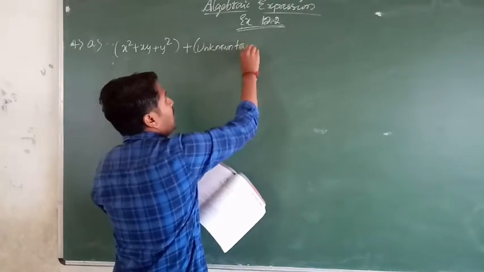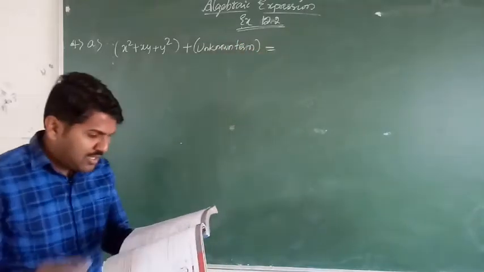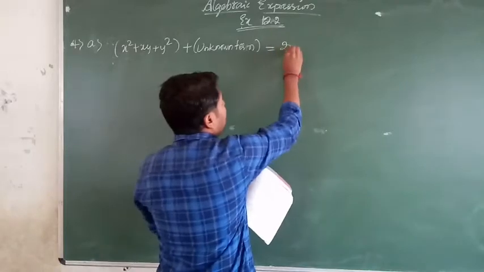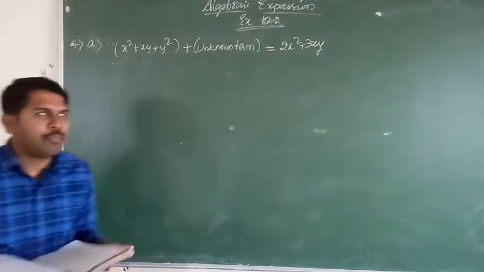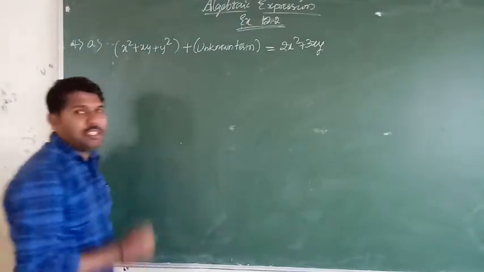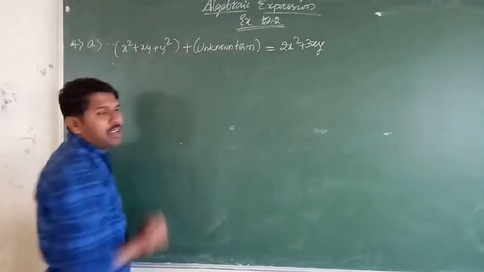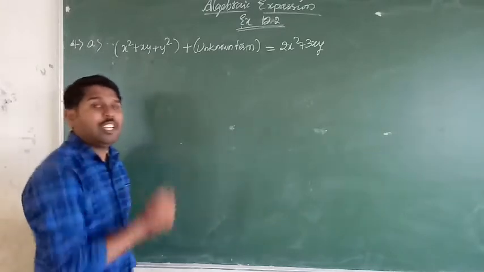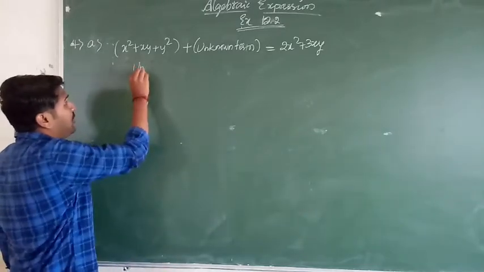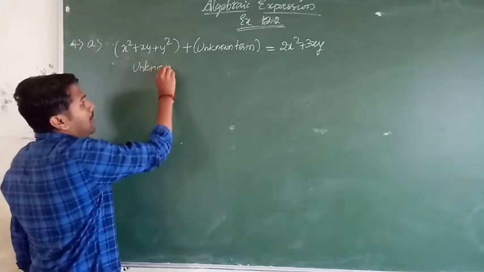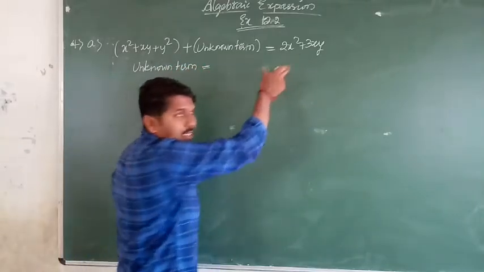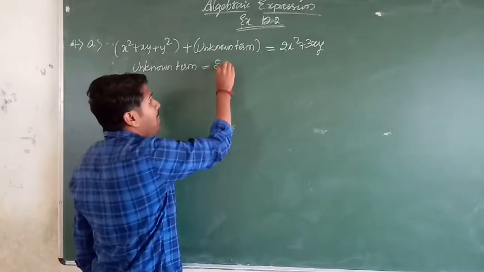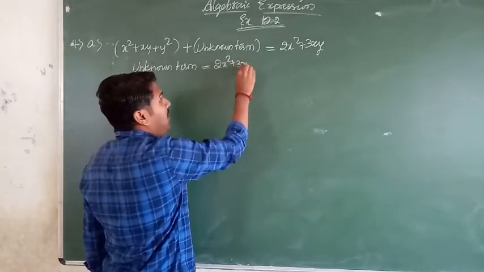To obtain the given 2x square plus 3xy. How to find the unknown term? Just shift this term to the right side, so the sign will be changed. So the unknown term equals the right hand side 2x square plus 3xy.